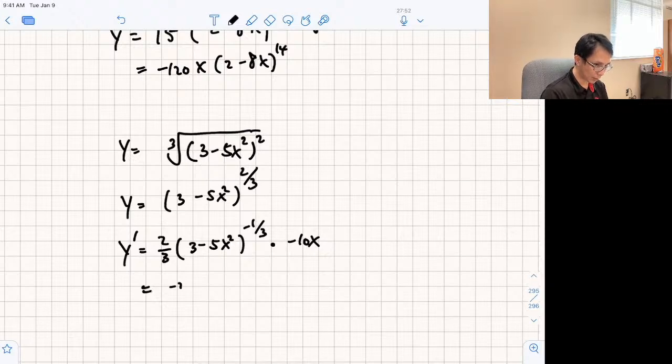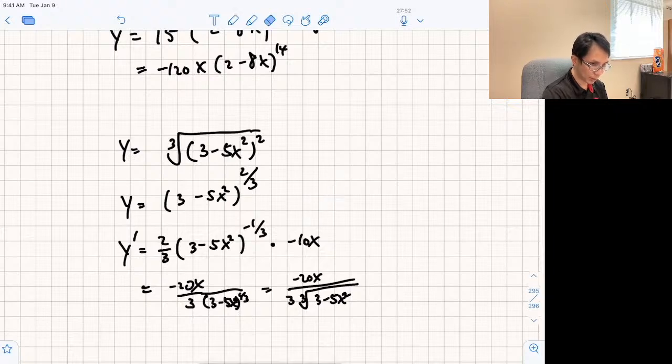That's equal to negative 20x over 3 times 3 minus 5x squared to the 1/3, which is negative 20x over 3 times the cube root of 3 minus 5x squared. Both answers are acceptable. If it's a radical, I can convert the radical, so all you have to do is convert to that.